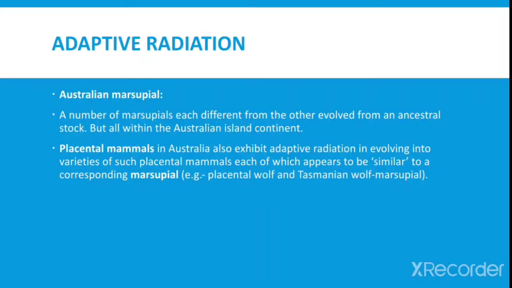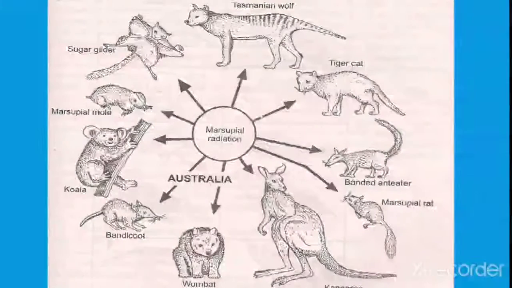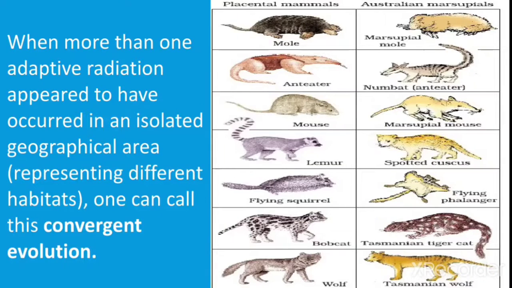Then there are placental animals also found in Australia, also exhibit adaptive radiation in evolving into varieties of such placental mammals, each of which appears to be similar to a corresponding marsupial. So here we can see the marsupial radiation that is found in Australia. And in this slide we can see placental mammals and Australian marsupials.